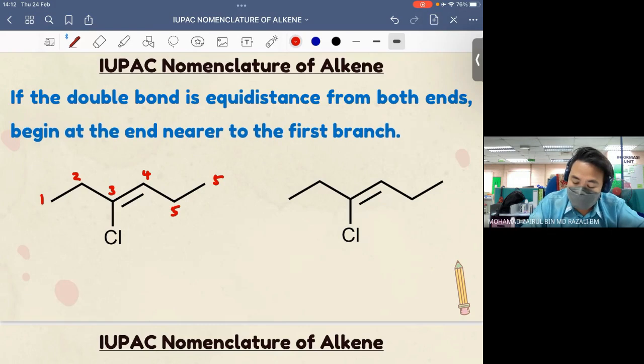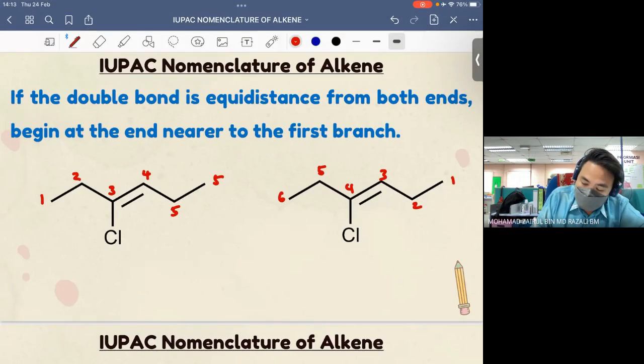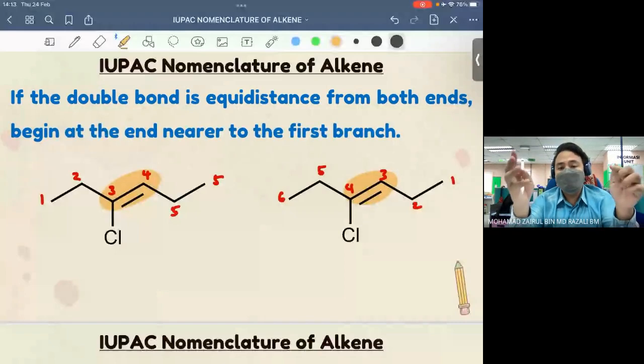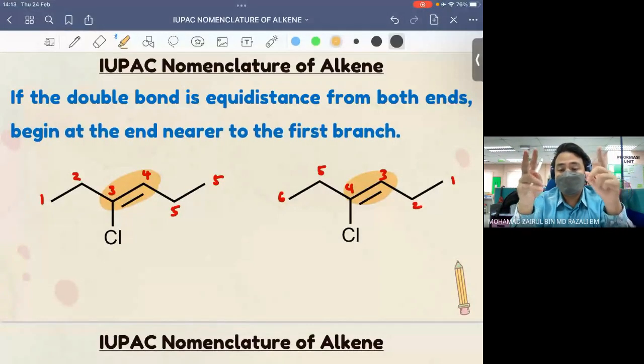If I start numbering from the right, the double bond is still located between carbon number 3 and carbon number 4. So in a case like this, if you count from both directions, the position of the double bond is still the same. So we will look at the first branch instead.